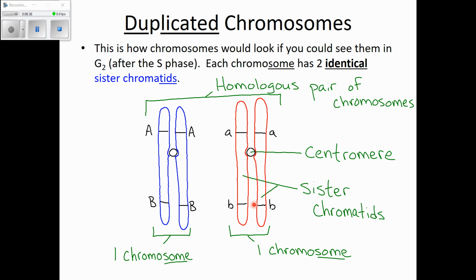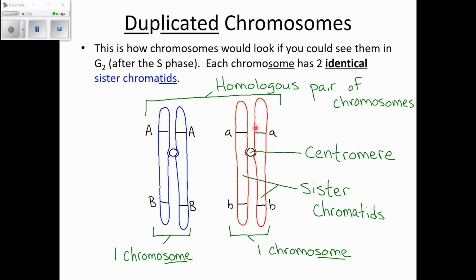We call chromosomes like that homologous. So this would be referred to as a homologous pair of chromosomes. And the homologous chromosomes are not identical. I repeat, they are not identical to each other. Because remember, you inherited one of these chromosomes from your dad, and the other one you inherited from your mom.